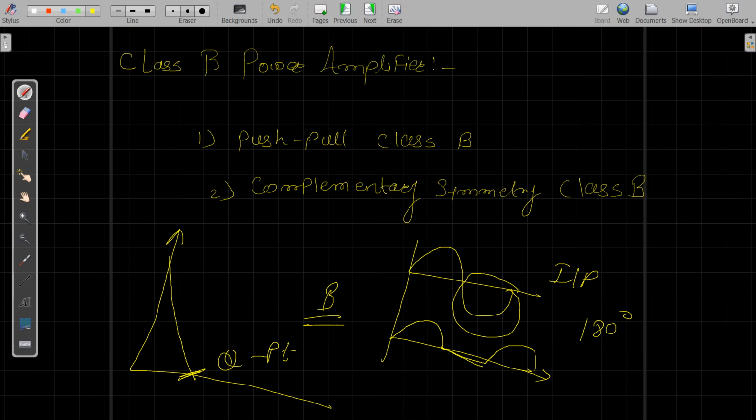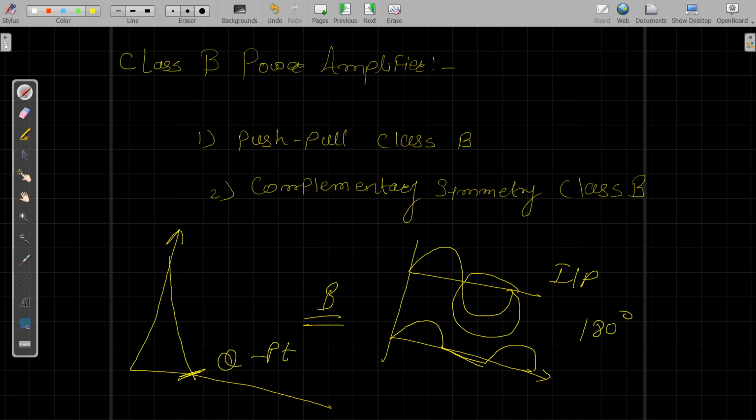But because of the selection of the operating point on the x-axis, one transistor will give output only for one half of the cycle, not for the rest of the cycle. Because of that, we want two transistors which work alternately, and the output will be obtained for the entire duration of the cycle. Therefore, Class B power amplifier will need two transistors, so that output will be obtained for the entire duration of the input cycle.